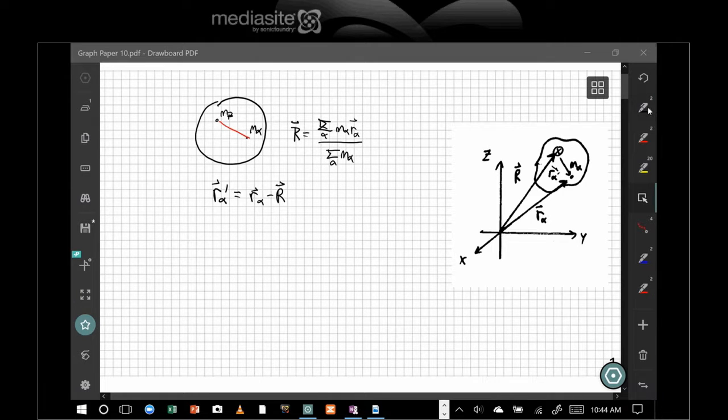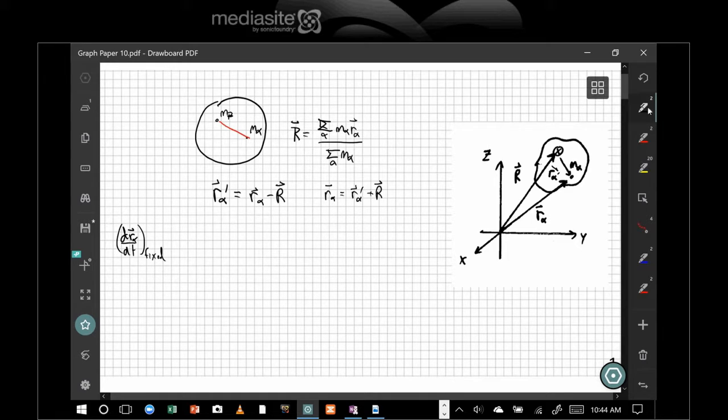Okay, so again, I'm going to look at the rate of change of r alpha. At first I'm going to look at it in the fixed frame, and from this I can show that r alpha is equal to r alpha prime plus big R. In the end, I want to do everything in a frame of reference attached to the body that rotates.